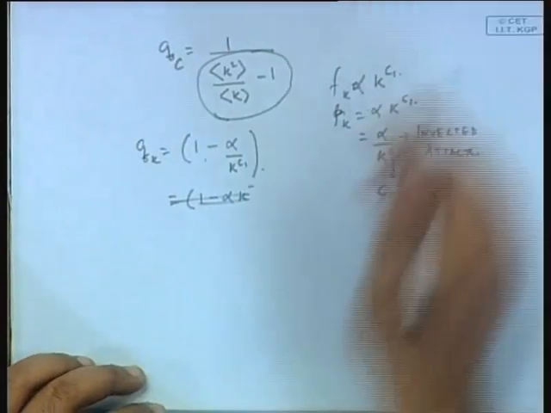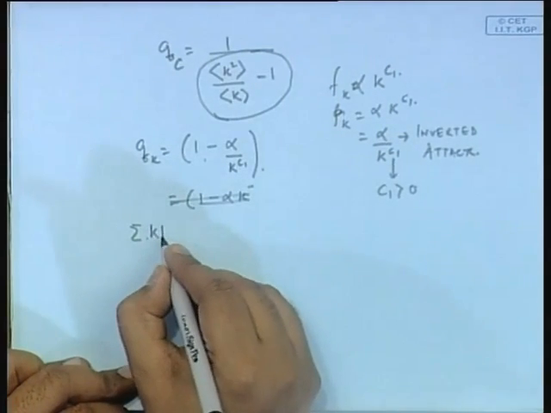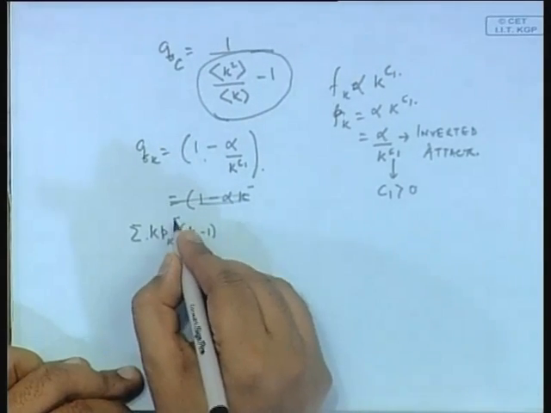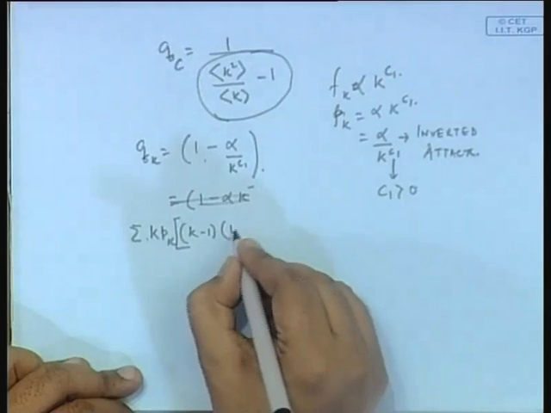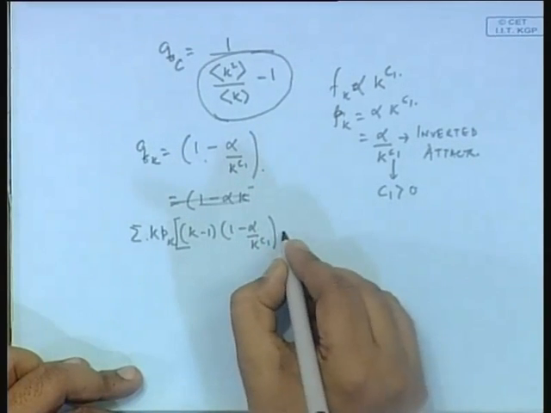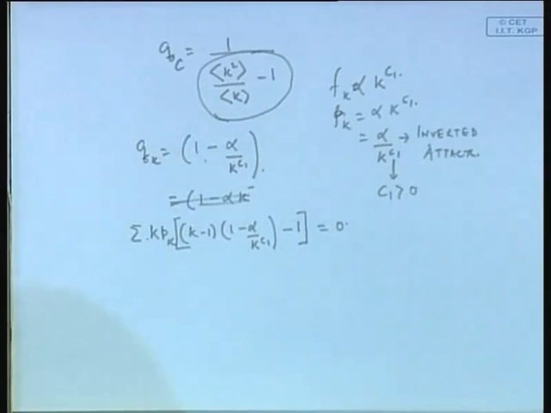So, you can go on again take this equation, k p k, k minus 1, okay, 1 minus alpha k c 1 minus 1. Okay.